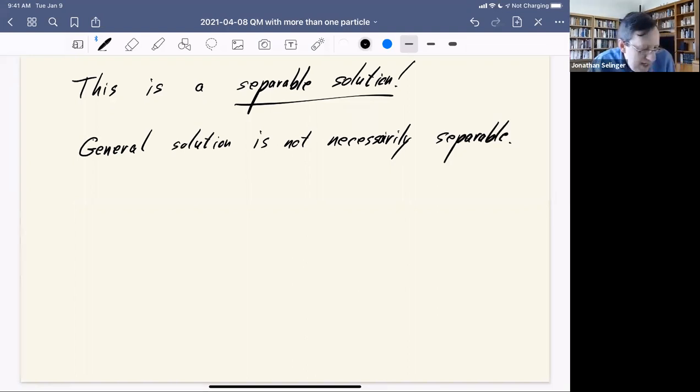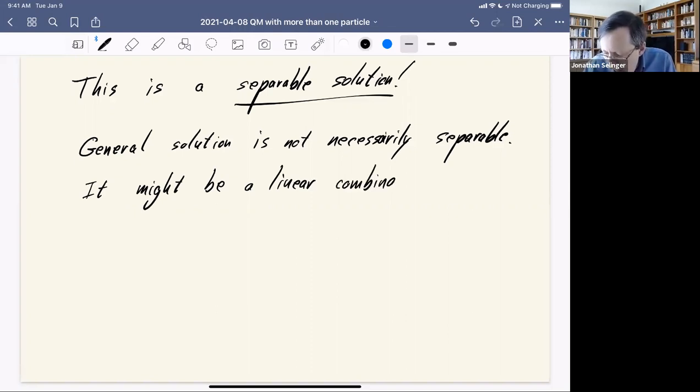Right, so what else could it be? Well, it might be a linear combination of separable solutions. We've seen that lots of times in this semester, right? Situations that are a linear combination of separable solutions.